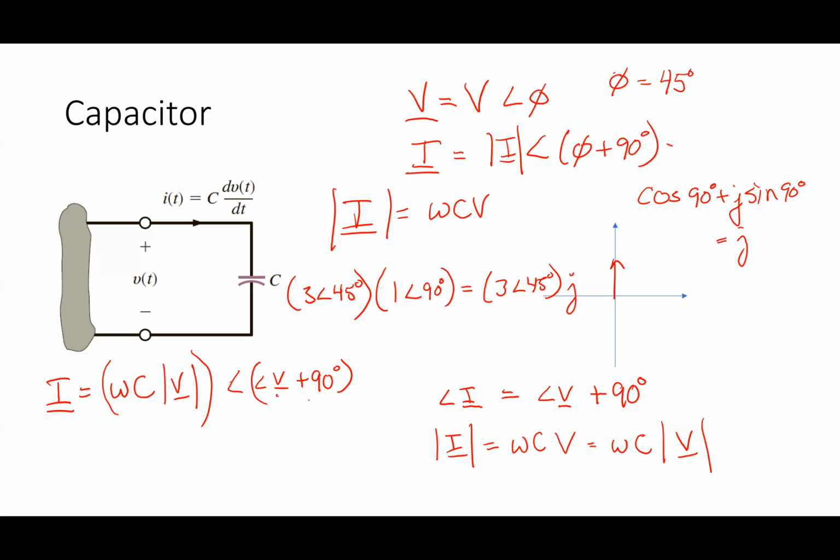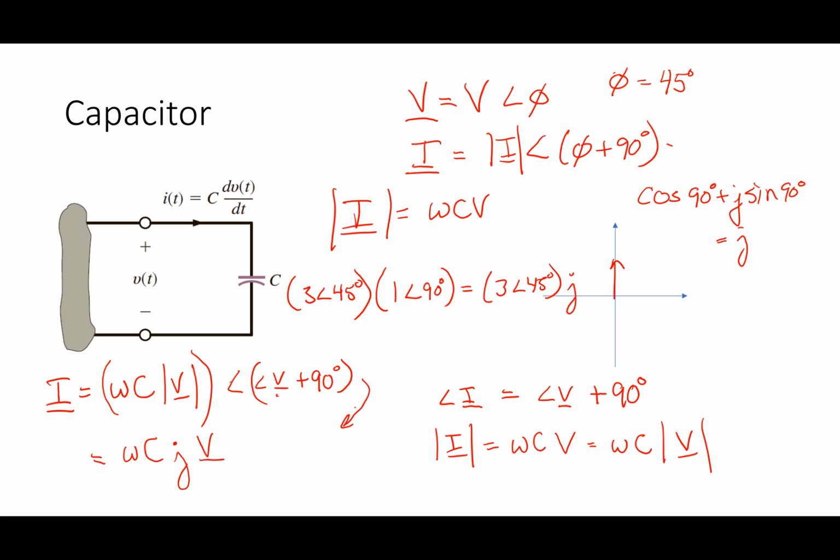And so, long story short, I can relate these like so. The phasor of the current is equal to omega C times j times the phasor of the voltage. You can go through that slowly. It is easier to see with Euler's identity, but you're not fully comfortable with that just yet.